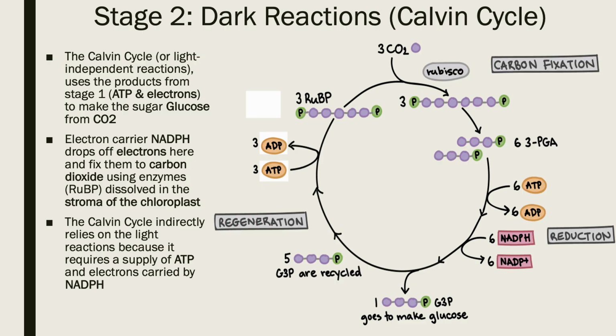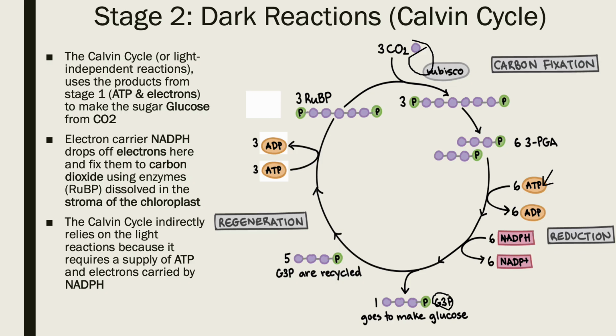Our electron carrier drops off the electrons that were stripped from water, and essentially those electrons will affix themselves to some carbon dioxide from the air through a series of chemical reactions, using some energy that we made earlier, into a 3-carbon molecule called G3P.